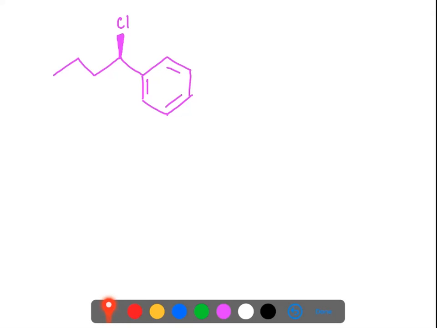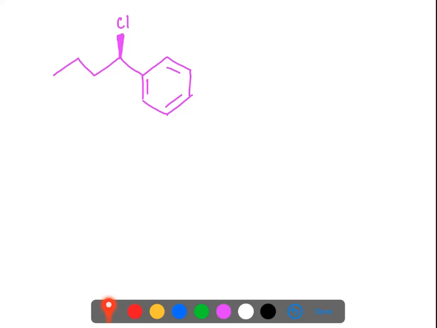Now, the first thing to do in these types of questions is to identify the beta position and to look at those beta positions for potential sources of protons. So we have two beta positions in this particular alkyl halide. We have a beta position here and a beta position here.